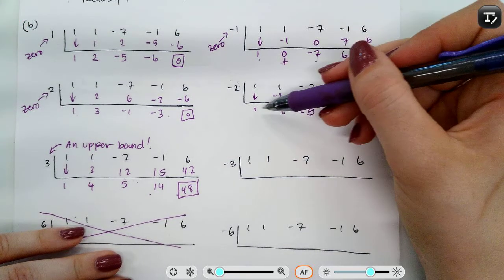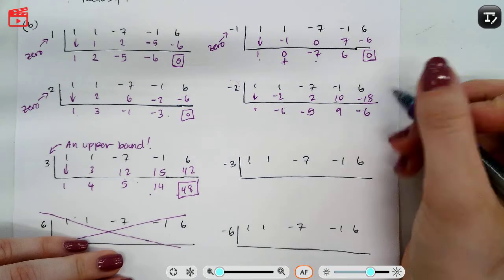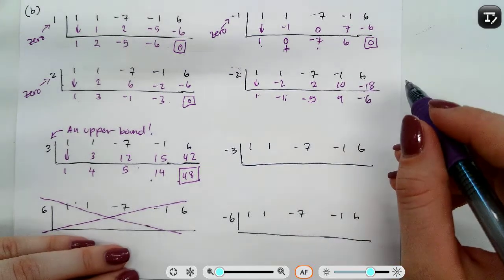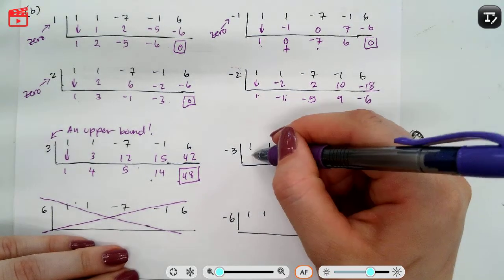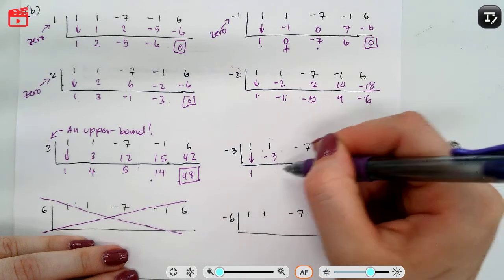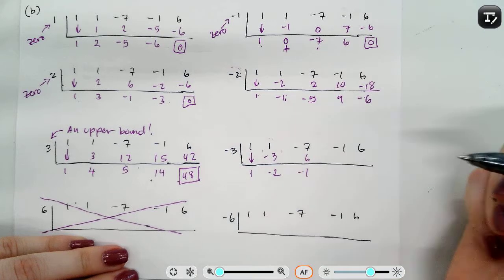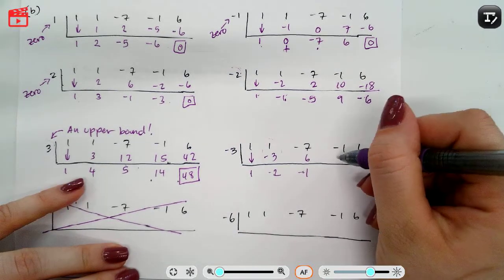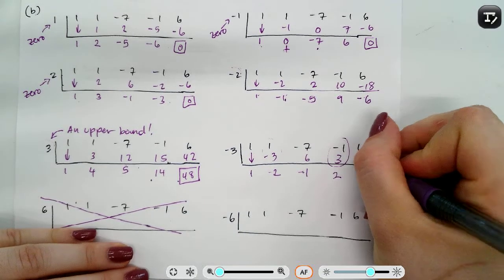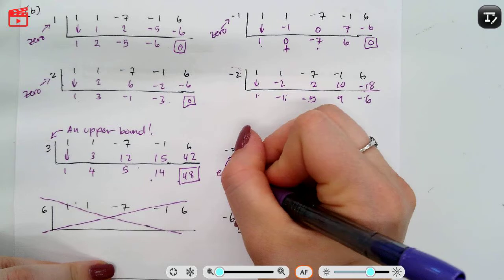This is still a negative, but these signs are not alternating, so that's not a lower bound. Shucks. Okay, so that's technically nothing. Sorry, -2, you are nothing. All right, let's bring this down. So 1, multiplying, -3. It's going to be -2, multiplying 6, -1, multiplying 3, adding 2, multiplying -6, adding, 0. So we found a 0.